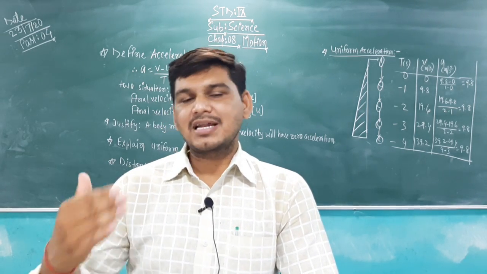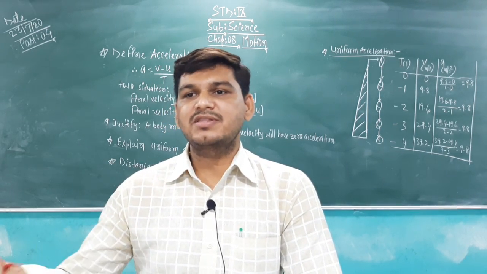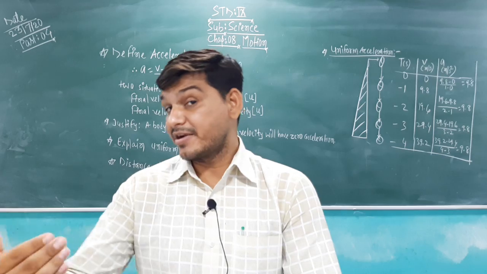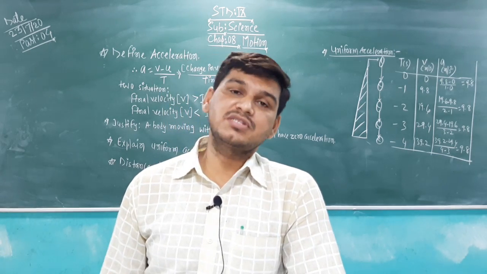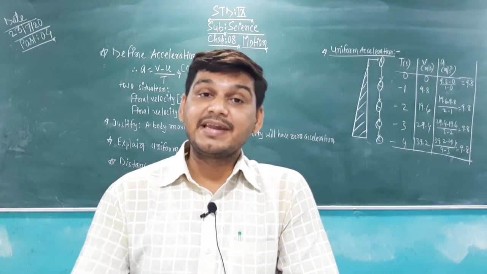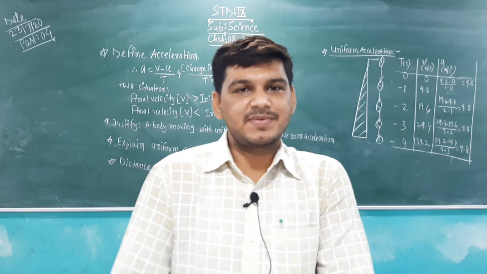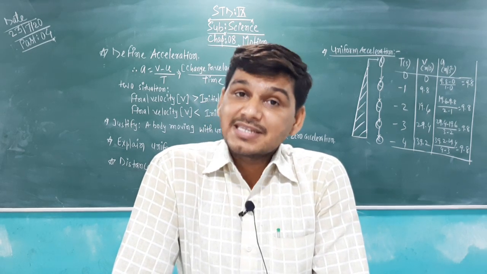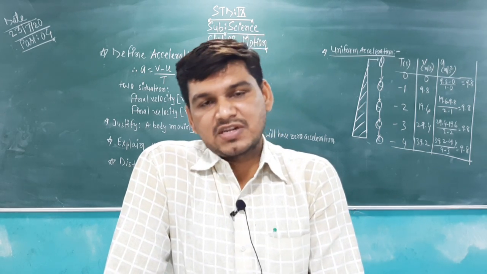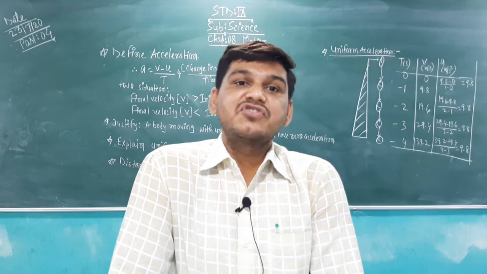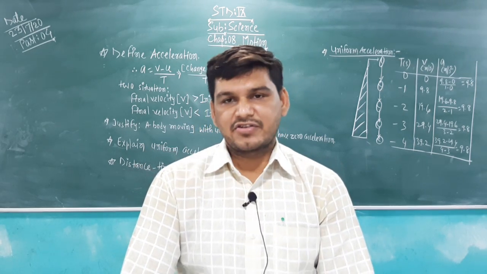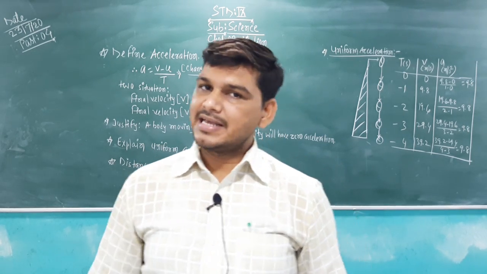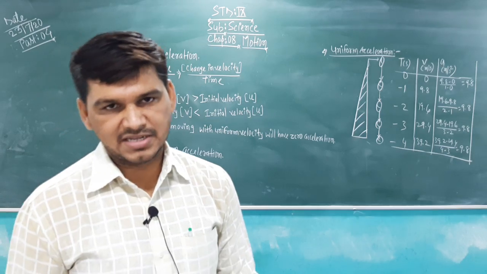So let us suppose I am coming from 50 km per hour to 30 km per hour. So I reduce my speed. So final velocity is 30 km, and initial is 50. So 30 minus 50 gives a minus answer. So this type of acceleration is called negative acceleration, and that is generally called retardation. तो इसको आप क्या कहोगे? Retardation कहोगे. Now it is clear what is called positive and what is called negative acceleration.